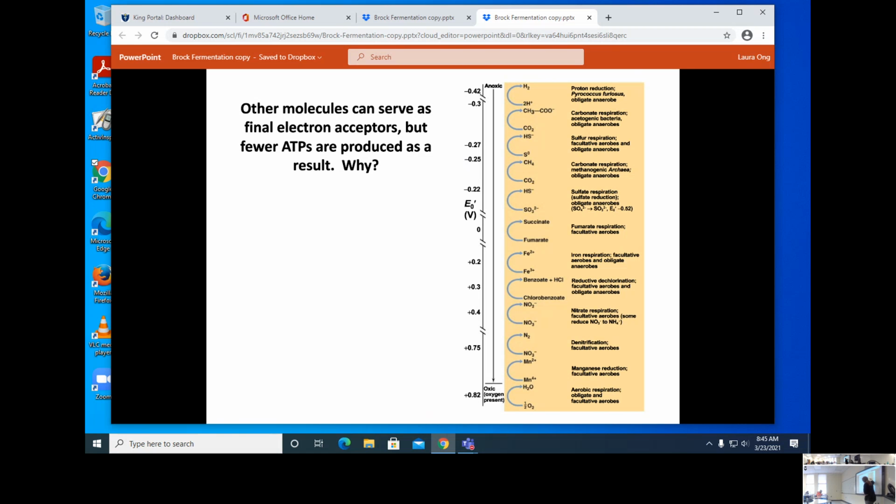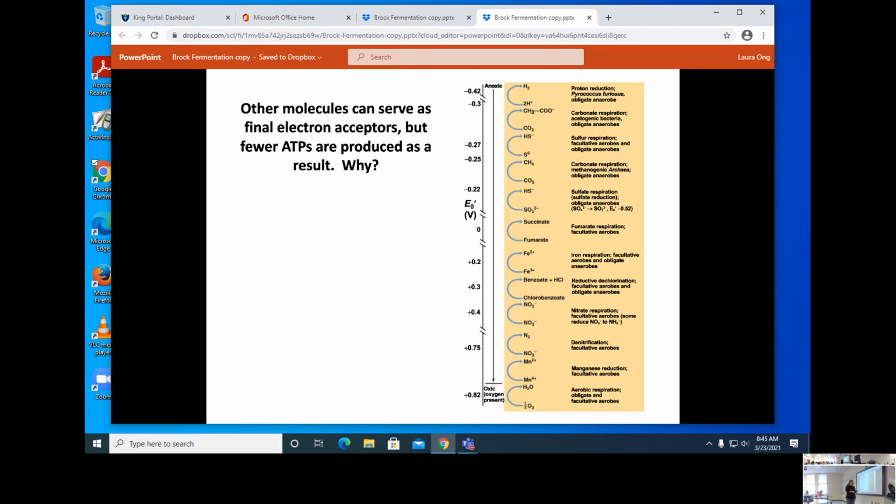And each one of the oxidized substances on this page can be an important electron acceptor for some type of microbe. Likewise, a lot of times the reduced product ends up being a waste product. It was just a place to put electrons a lot of times.